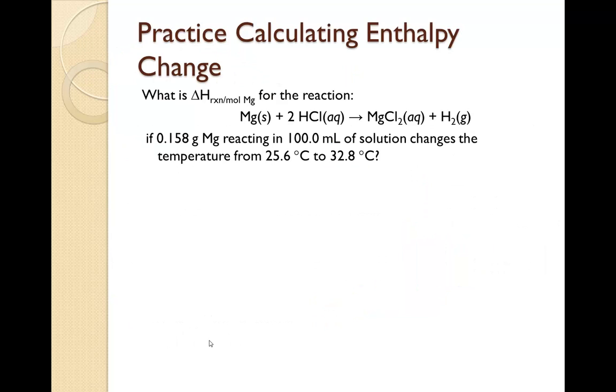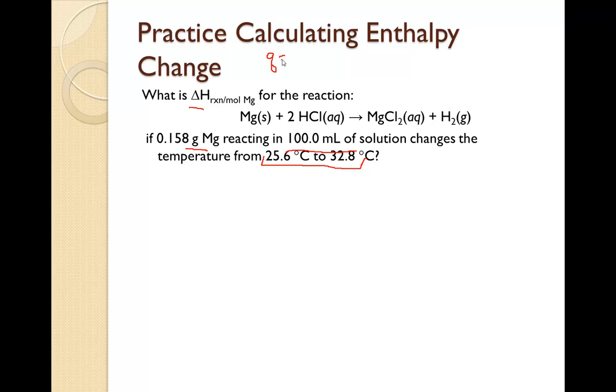Let's have an example. If 0.158 grams of magnesium react with 100 milliliters of solution, changes the temperature from 25.6 to 32.8. What is the delta H of the reaction per mole? Alright, so to get the delta H, we're going to need the Q first.